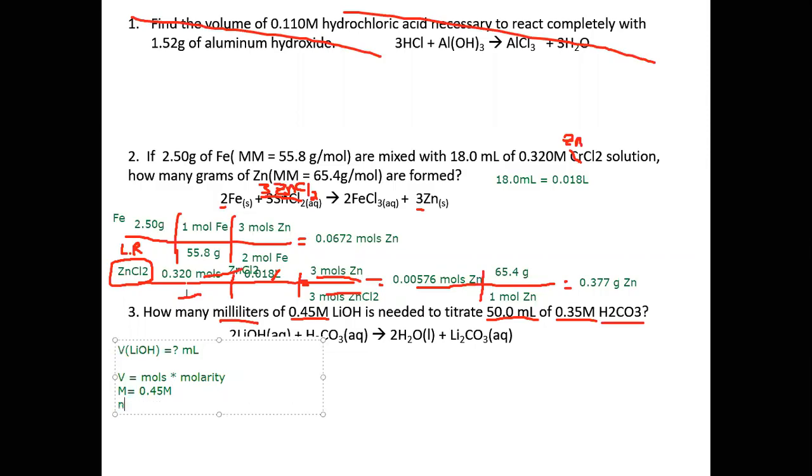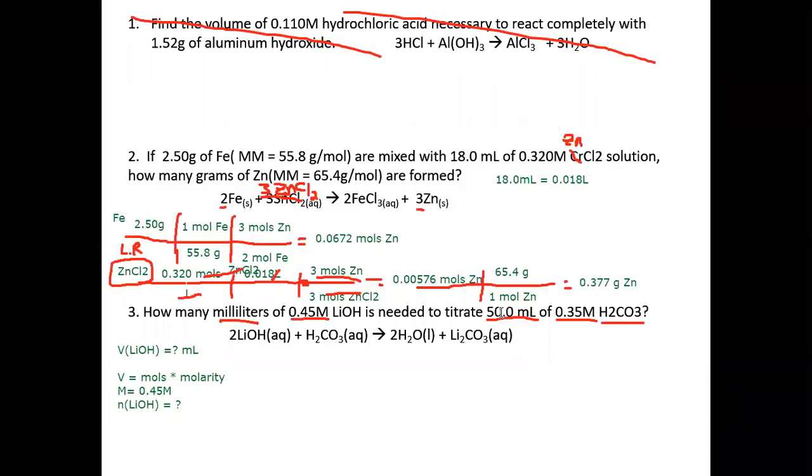But the moles we don't know. So now we have to use the other information given to us to find the moles of lithium hydroxide so that we can determine the volume of lithium hydroxide needed to titrate the 50 milliliters of 0.35 molar carbonic acid.